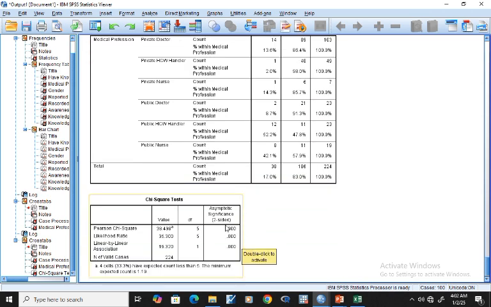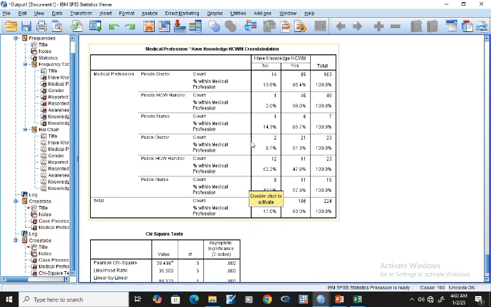So what this implies, what we could see, the Pearson chi-square is statistically significant. It implies that the knowledge of healthcare waste management is actually informed by the medical professions.